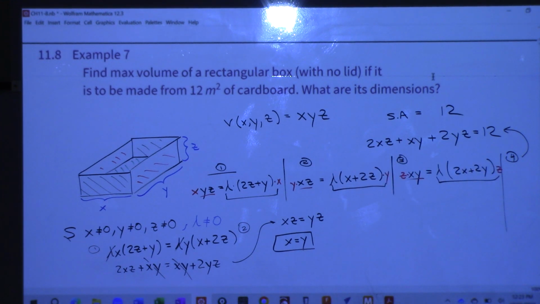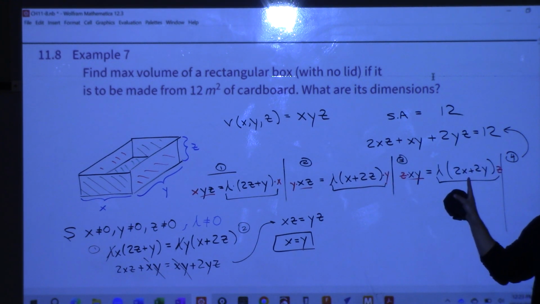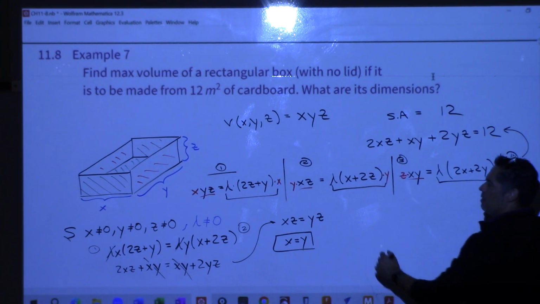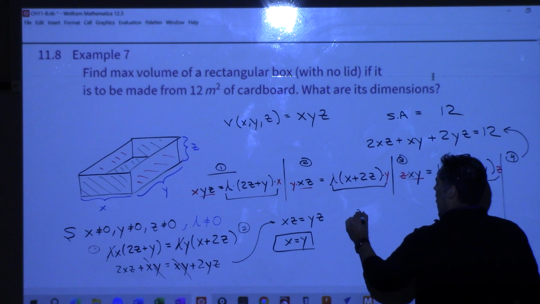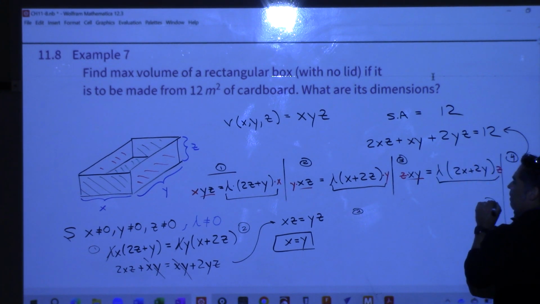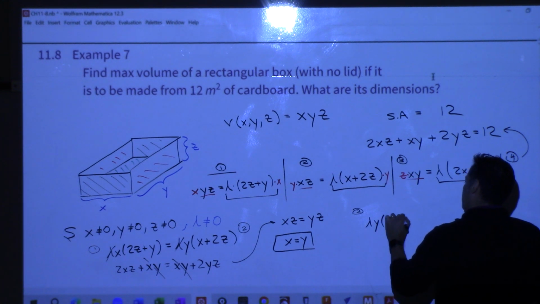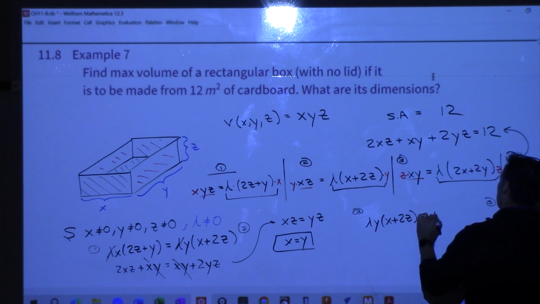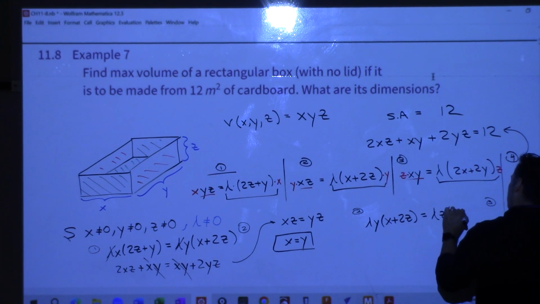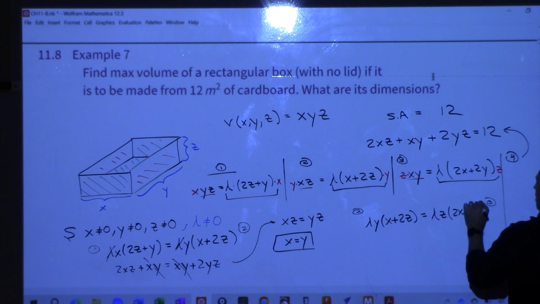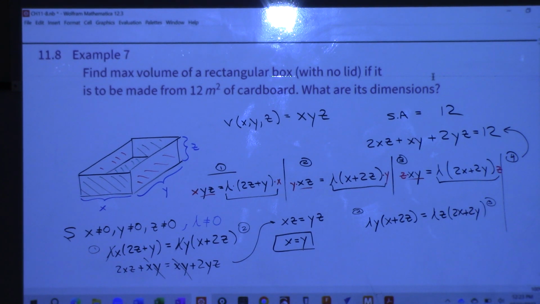Okay, now let me set the second and third equations equal to one another and see if something good happens. If I set the second one equal to the third one, I get lambda y (x plus 2z) equals lambda z (2x plus 2y). Very similar sort of attack here, right?